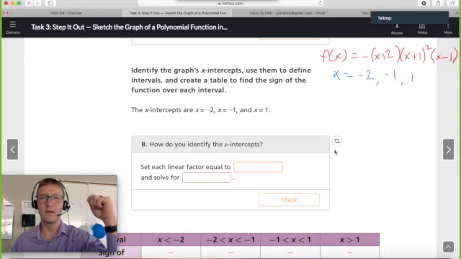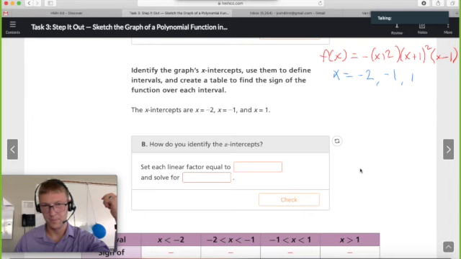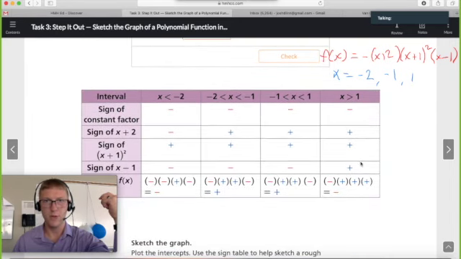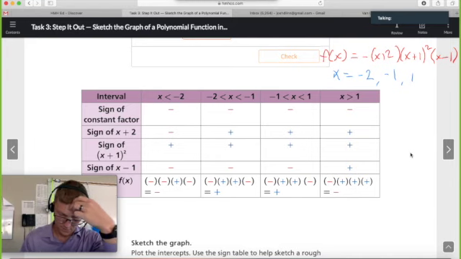How do you identify the x-intercepts? You set each factor equal to 0, and then you solve for x. So they have our chart set up. So again, we have our interval from -infinity to -2. Come on, pen.